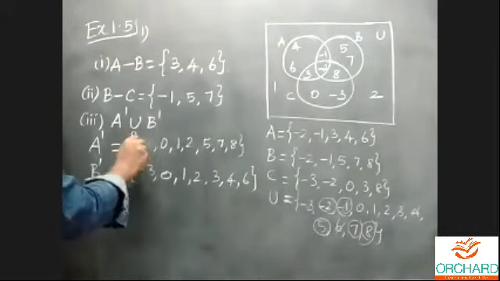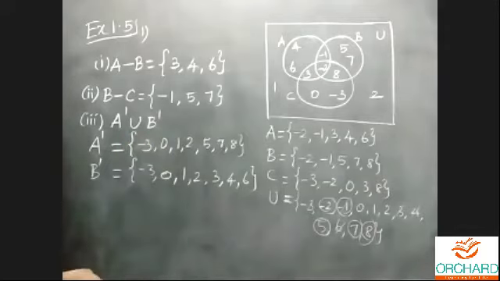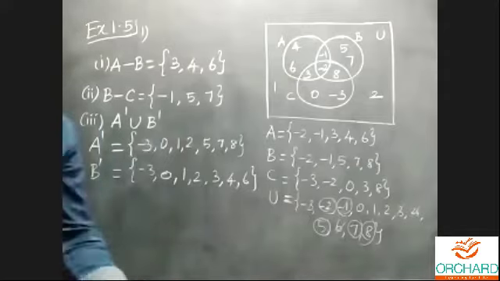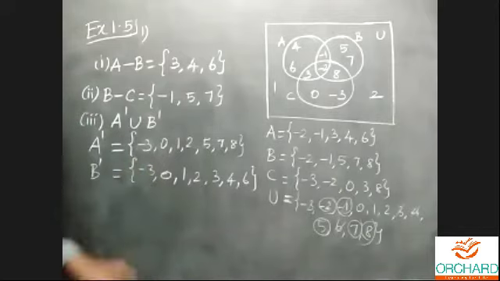That is not -2, that is -3. So A dash is -3 and 0, 1, 2, 5, 7, 8. Okay, that's correct. I made a mistake: that is -3, not -2.